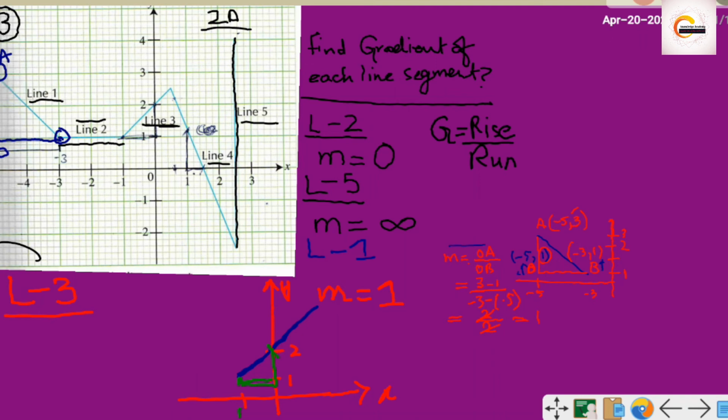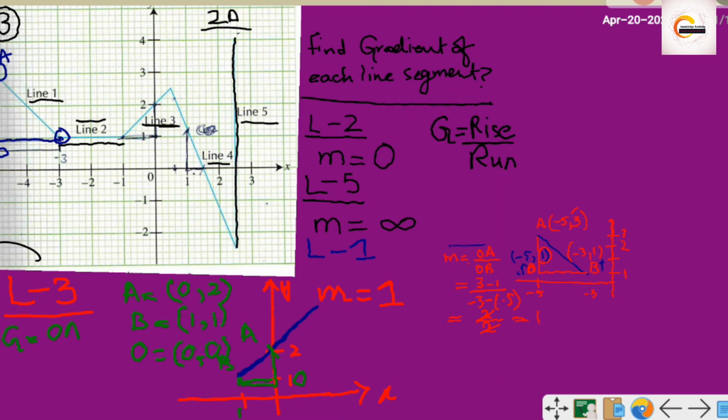I'm going to take these 2 points and make a right angle triangle. So the intercepting point is going to be A, B is the initial point, and O is the point at which the right angle triangle falls. So A is (0, 2), B is (1, 1), and O is (0, 0).